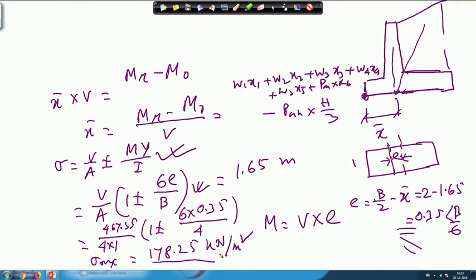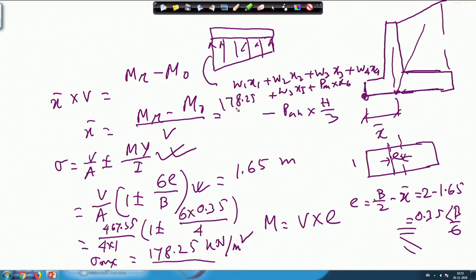That means, below the footing, if I draw the elevation, the pressure diagram will be something like this. This side is maximum and this side is minimum, and the maximum value is 178.25 kilonewton per meter square. It is given that the maximum foundation pressure can be 200 kilonewton per meter square, so it is less than that, which means it is okay.